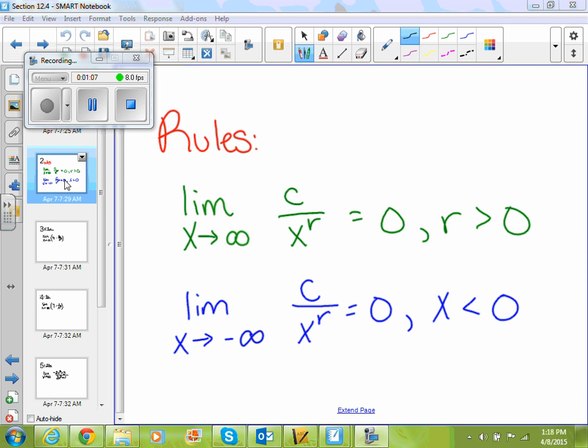And then your limit as x approaches negative infinity of any constant over x to some exponent is equal to 0 as long as x to that exponent is defined at less than 0. Okay, so has everybody got that? Yes? Okay.